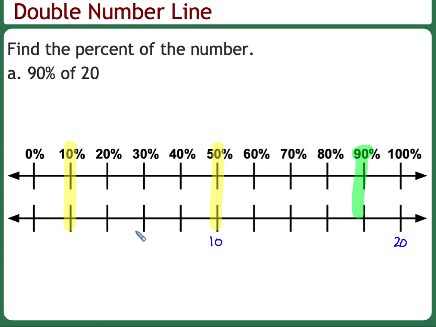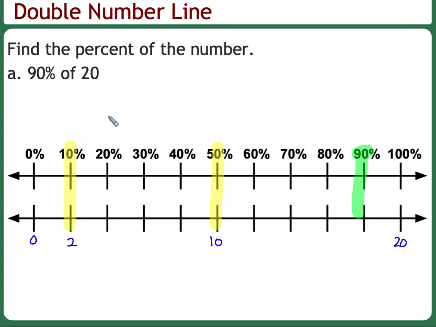So 10% is, well, 100% divided by 10 is 10%. 20 divided by 10 is 2. So I know 10% is 2. And let me just fill in 0% is 0. Now I could just go ahead and count up by 2's to get to 90%. That works.